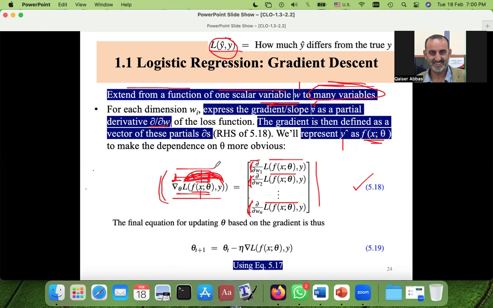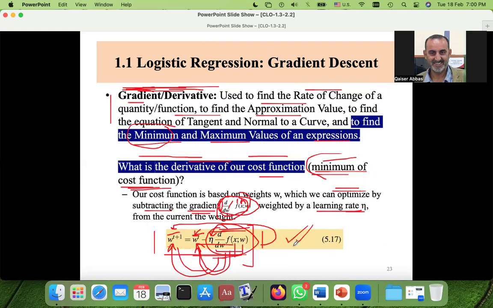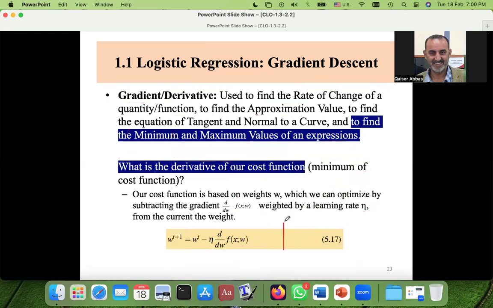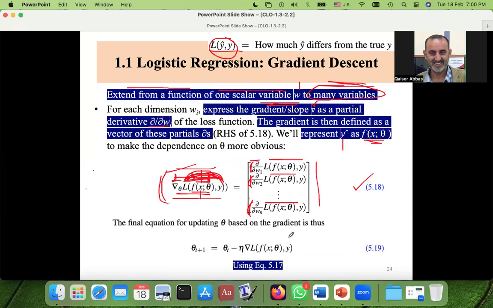Now, if this is the equation for all the variables, then this equation will have another form, because the earlier one is only for one variable, for one weight. By using this concept, this equation will be updated.